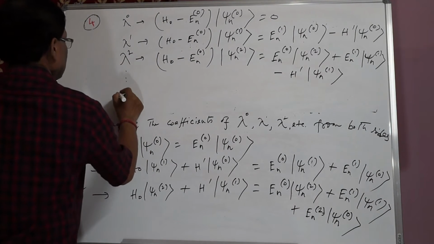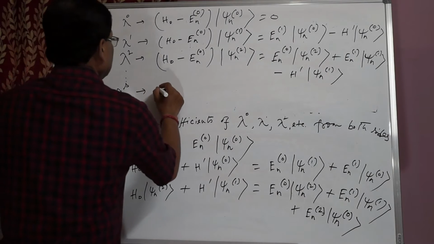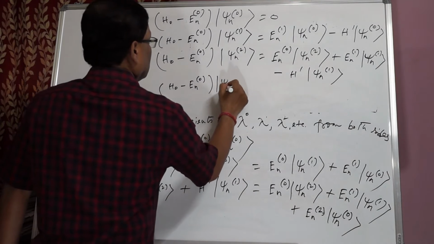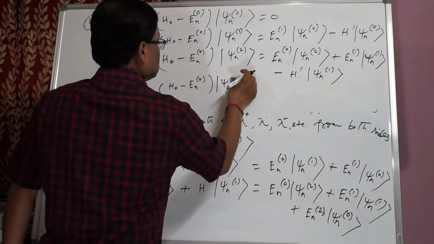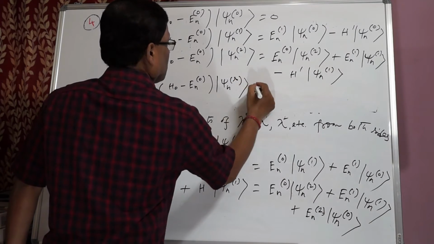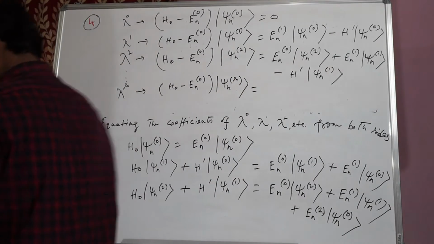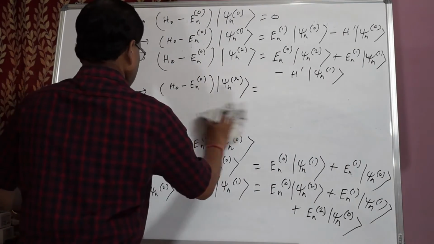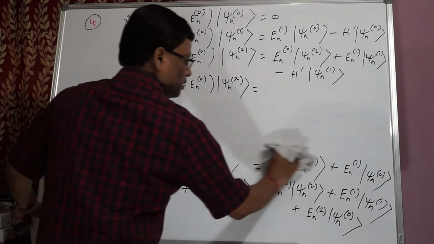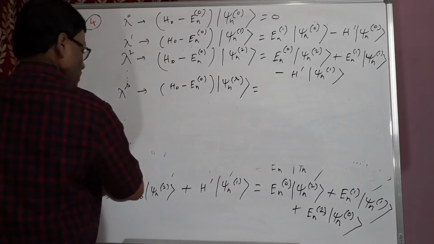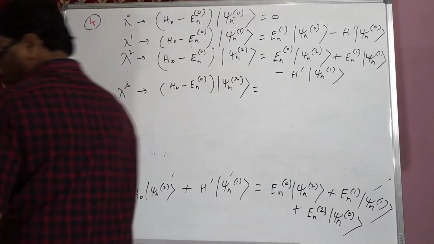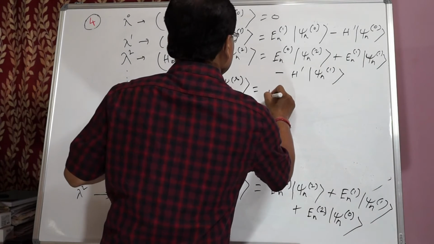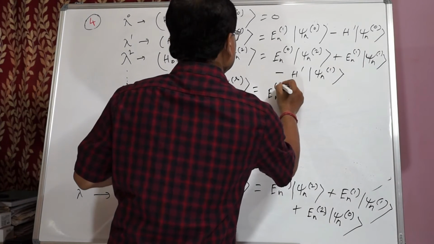So similarly like this if I proceed, then I can write H0 minus En0 psi ns equal to, so I can write psi ns En0.